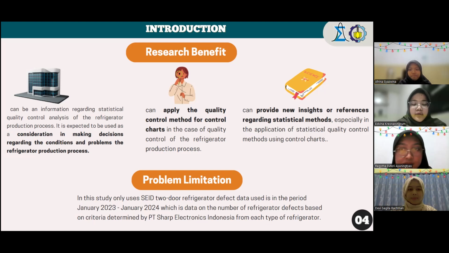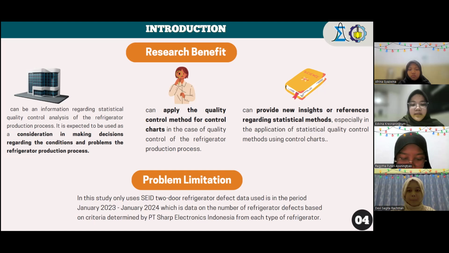Two, for the researcher, this research can apply the quality control method of control charts in the case of quality control of the refrigerator production process. And the last, for science, the result of the study can provide new insights or references regarding statistical methods, especially in the application of statistical quality control methods using control charts.